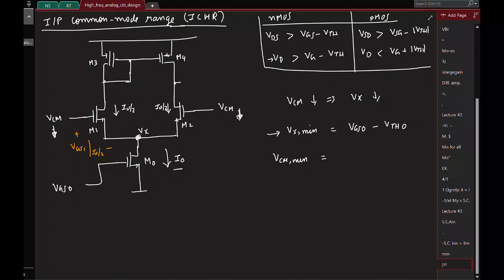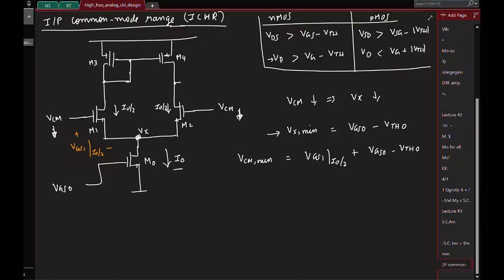So this is VGS of transistor M1 at I0 by 2 plus Vx minimum. So Vx minimum, I'll expand it completely. That is basically VGS0 minus VTH0.